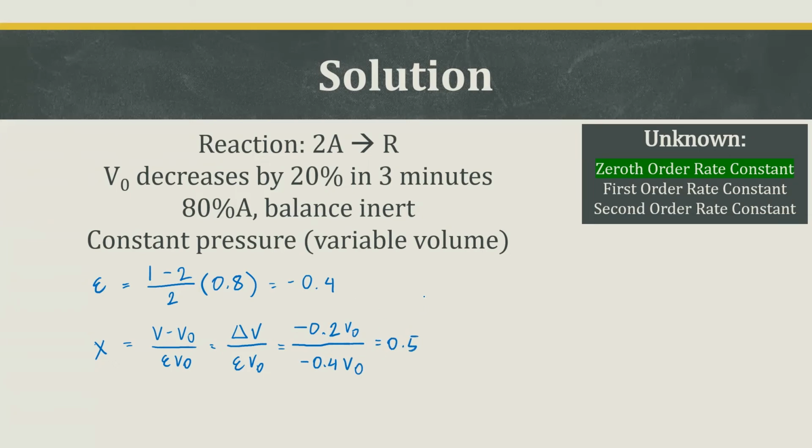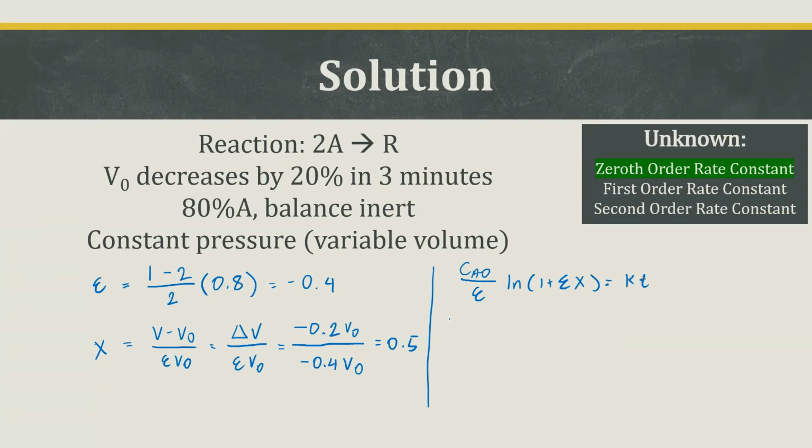So we can now proceed in solving for the zeroth order rate constant. So the integrated rate law for zeroth order is this equation. Okay, let's just separate this again. Equals kt.